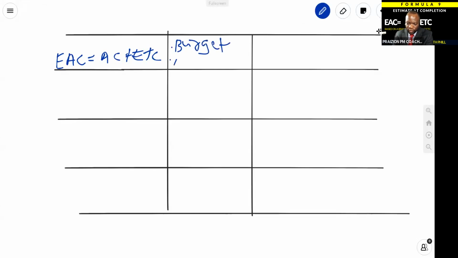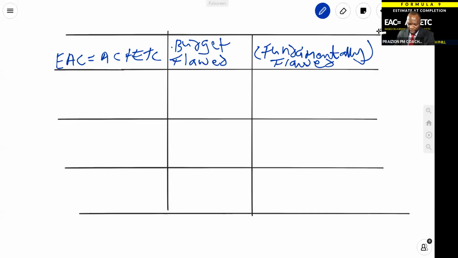If you've got enough space, you could say fundamentally flawed. The budget is flawed. In other words, fundamentally flawed. That means this budget is so out of whack that we can't use it for anything.